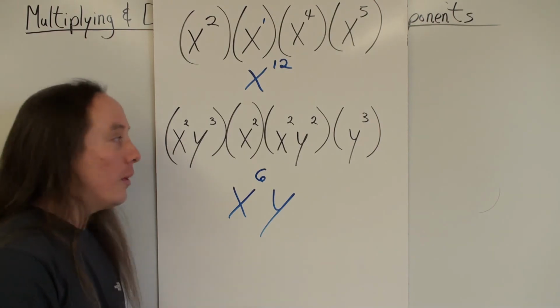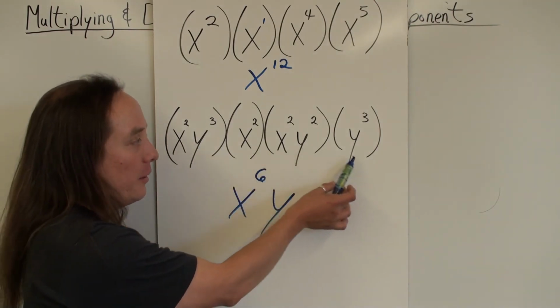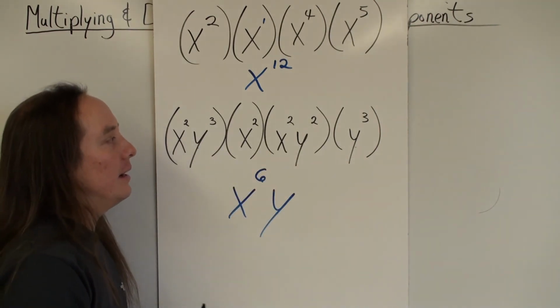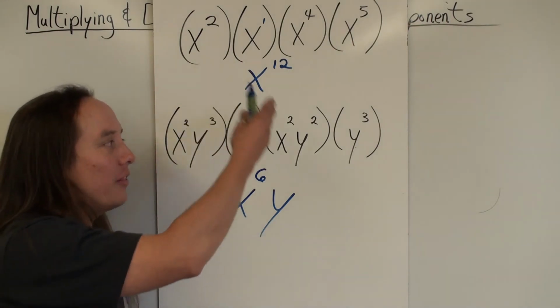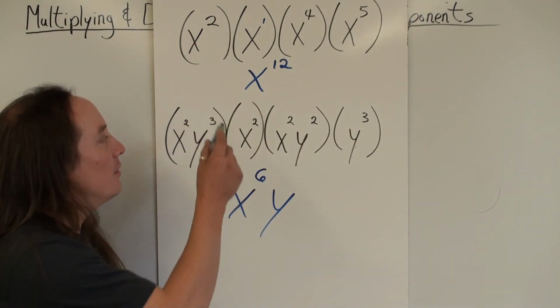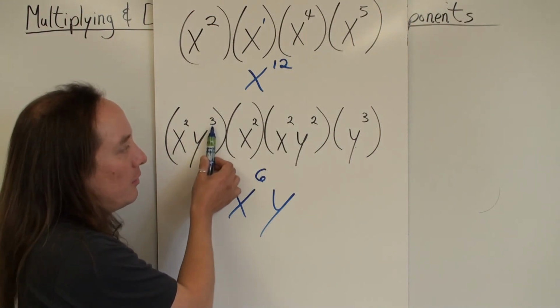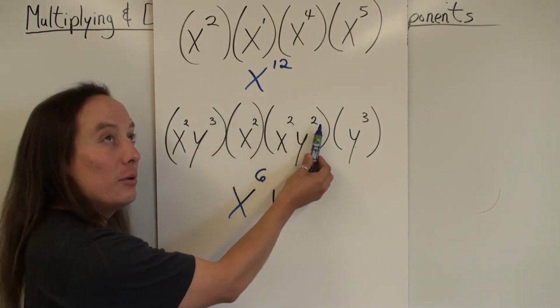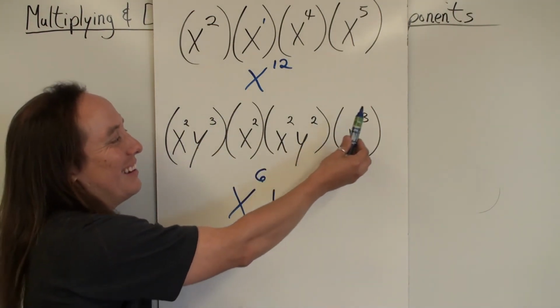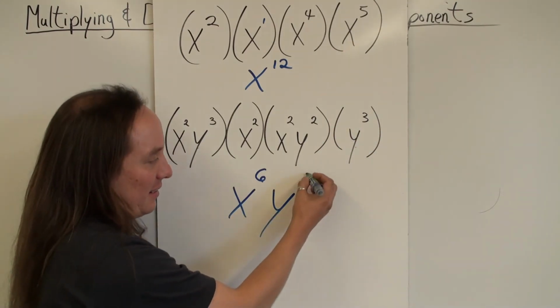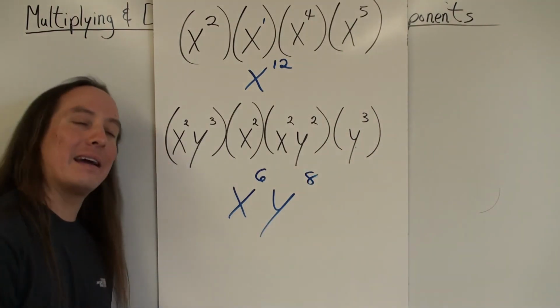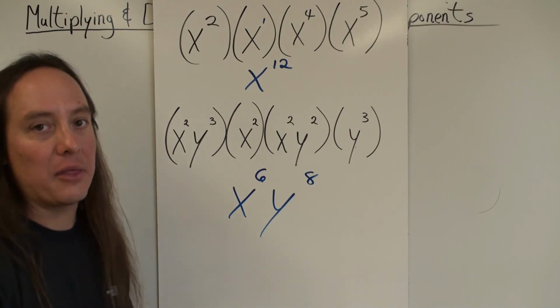And we'll do the same thing with y. I have a y term here, a y term here, and a y term here. They're all being multiplied, so I'm just going to add all the exponents that the y's have. So y to the third is 3, y to the second is 2, 3 and 2 is 5, plus another 3 is 8. So you should have got x to the 6th times y to the 8th.